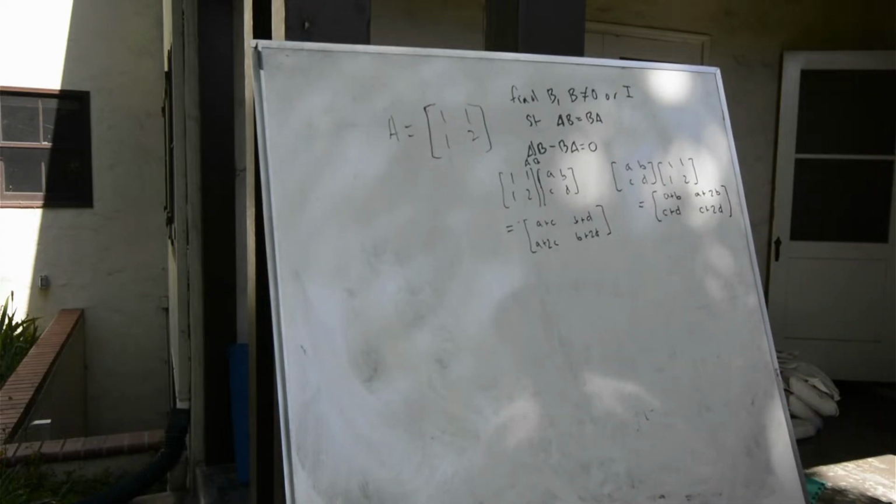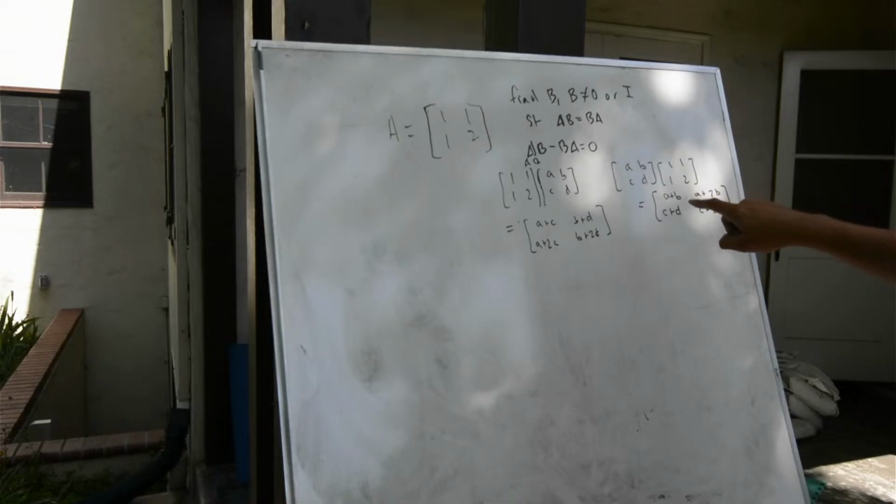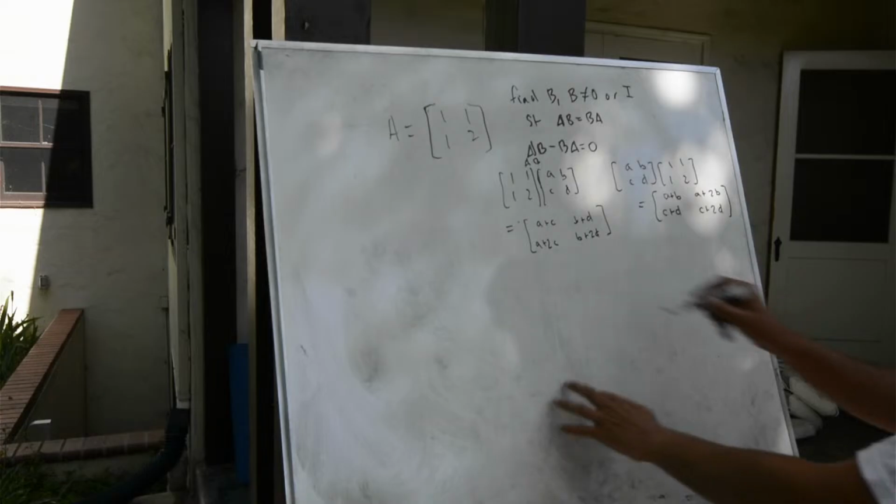Did I do that right? A plus B, A plus 2B, C plus D, C plus 2D.